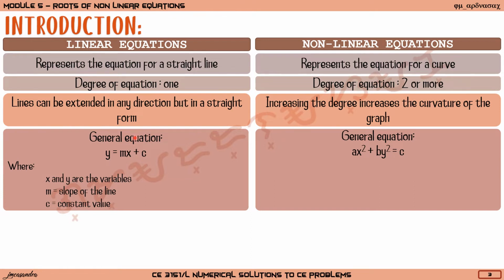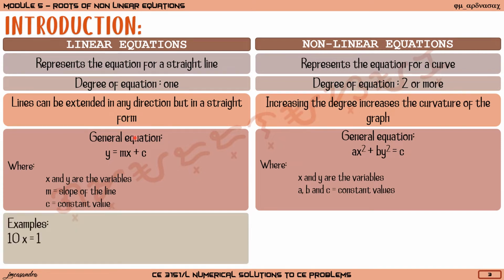Or it could follow ax raised to n plus by raised to n minus 1, and so on. Okay, so for these equations, x and y are our variables. A, B, and C are constant values or coefficient values of our variables.